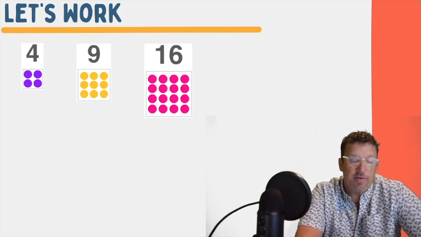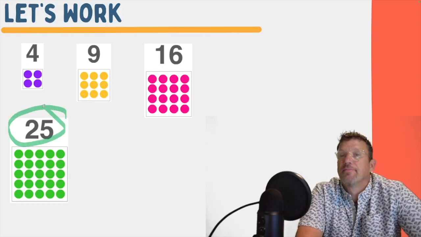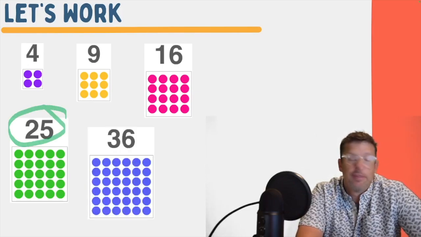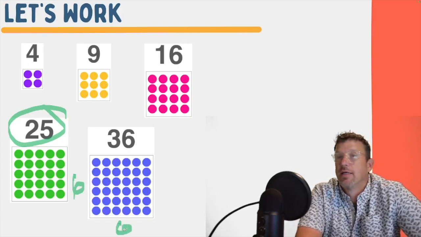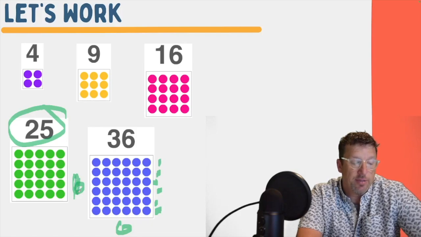That's right, 5 times 5, which gives us the perfect square of 25. And then the next one is 36, which would be 6 times 6. If we made this 6 by 7, we would go like this, and that would give us a number that would no longer be a perfect square.